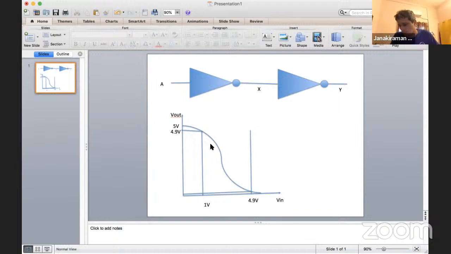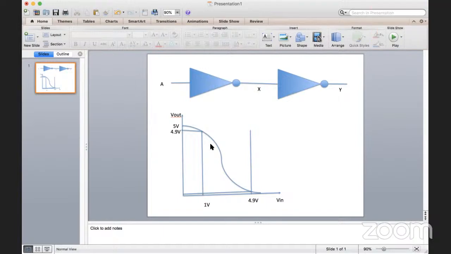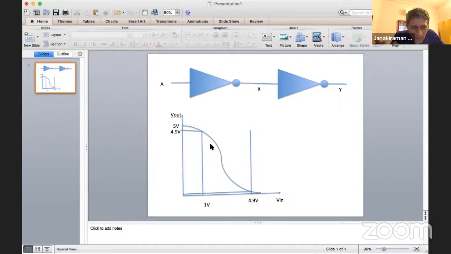Please do. You guys need to go back. I'm very surprised by this because this question is there in the assignment. I had given this question in the assignment where I cascade two inverters, and we highlighted one very important point of that.